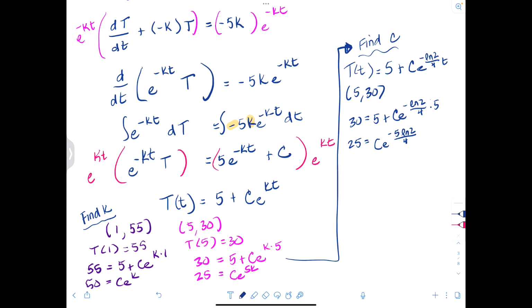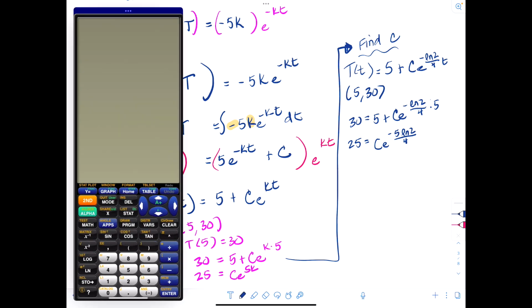So then, taking out our calculator, we'll have 25, I'm going to multiply it by e to the positive 5 times natural log of 2 divided by 4, and we get approximately 59.46.